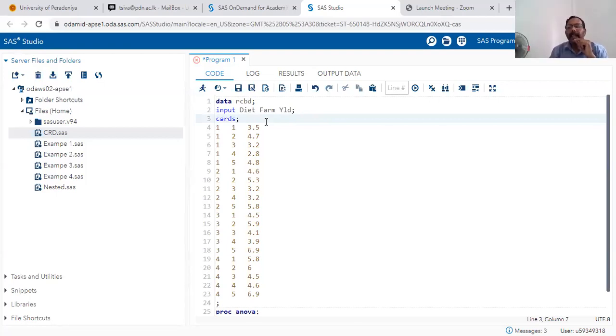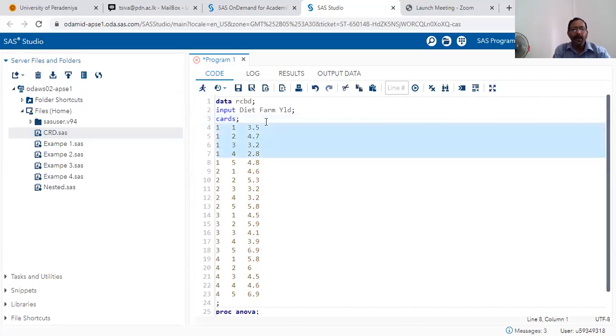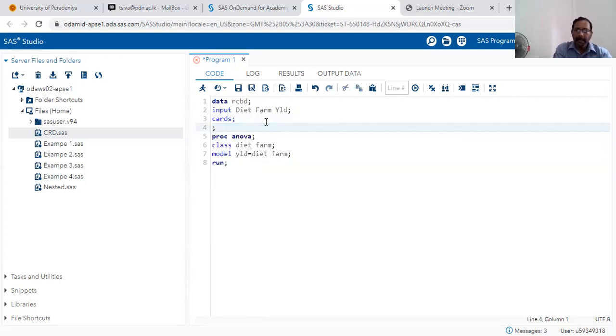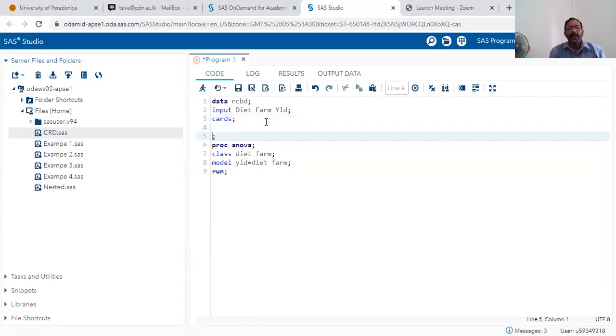Yes. In the earliest versions of SAS, if you brought it from the Excel sheet, it would accept. Now in the new version, it does not accept. So we'll have to do some treatment. I will show that treatment also. I erase this data, I keep the program as it is, because there is nothing wrong with the program. Now I will go back.